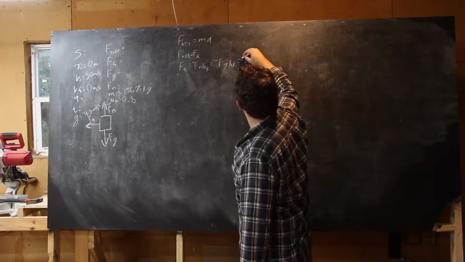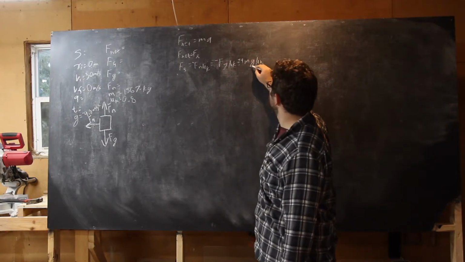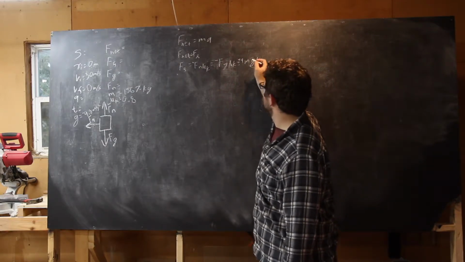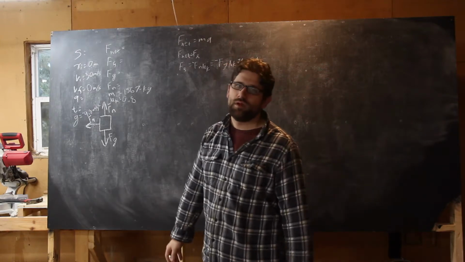So, we're going to have 2 negatives and positives, so that our g being negative, because the mu K is going to result in a negative force of friction.